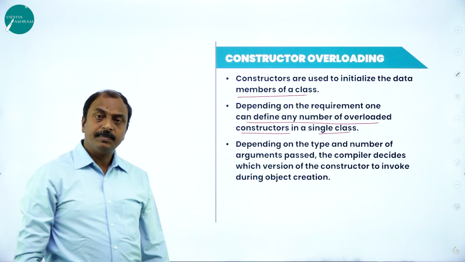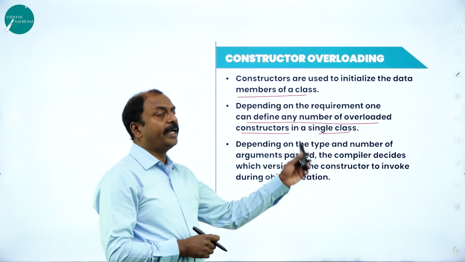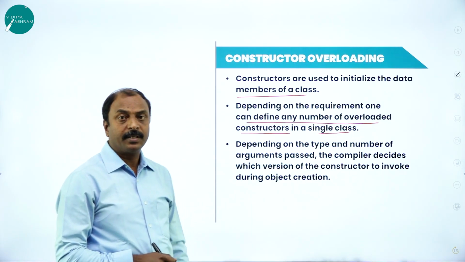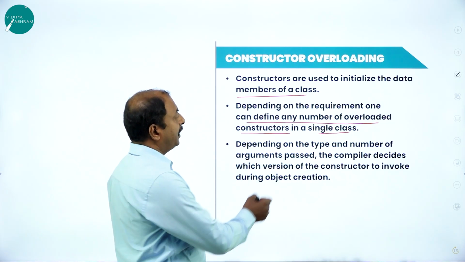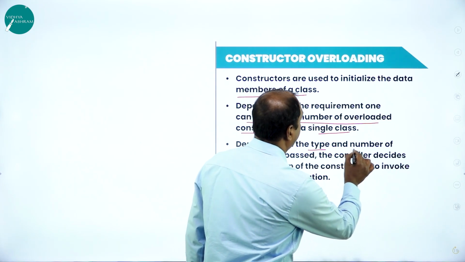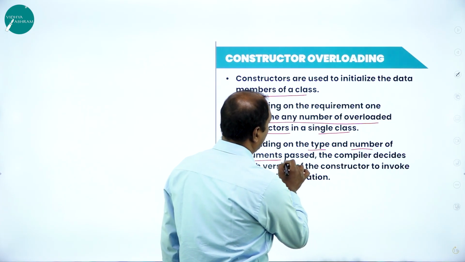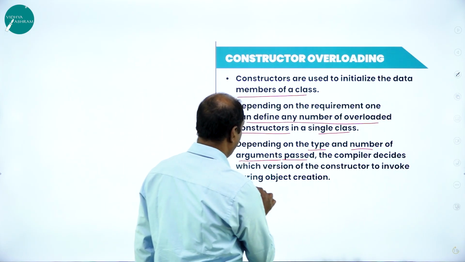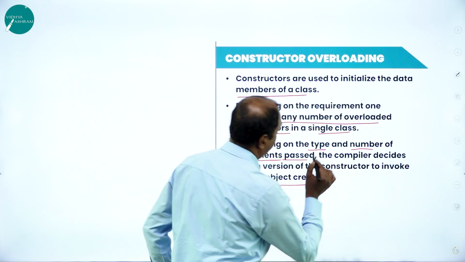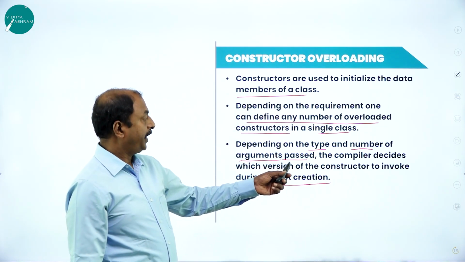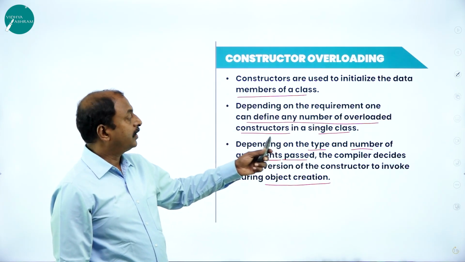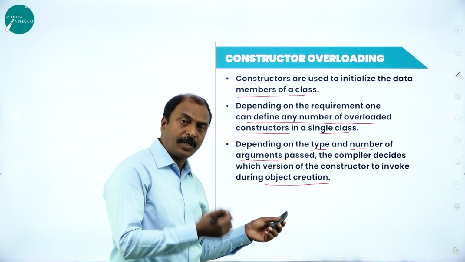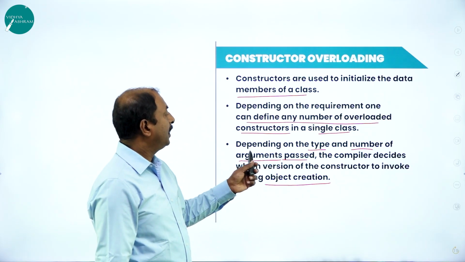So it is possible to declare more than one constructor in a class depending on the requirement or situation. Next, depending on the type and number of arguments passed, the compiler decides which version of the constructor to invoke during object creation. By looking at the arguments passed, the compiler identifies which constructor has to be invoked.